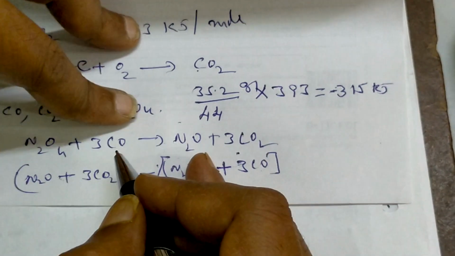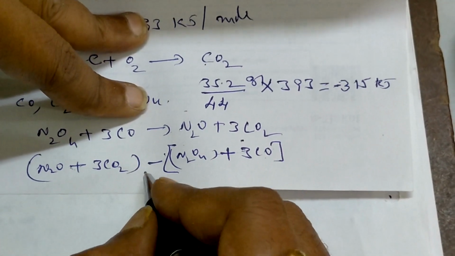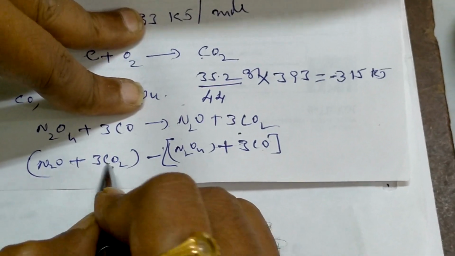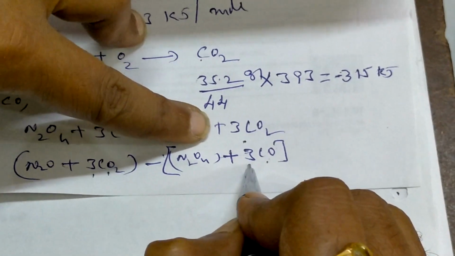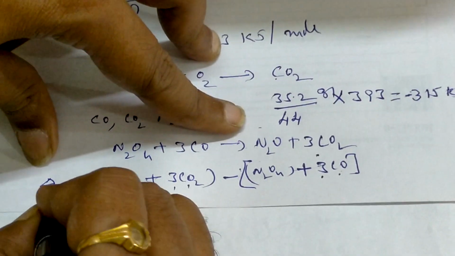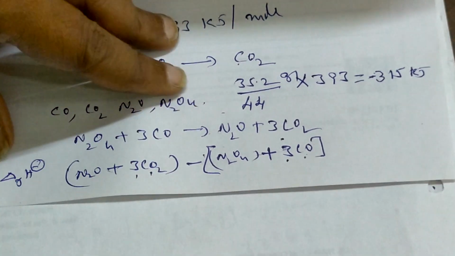If you substitute the given values, you will get the answer. The only thing is, whatever value is given for CO2 you have to multiply by 3, and whatever value is given for CO you have to multiply by 3. So that will be the value for delta H of the reaction for the above reaction.